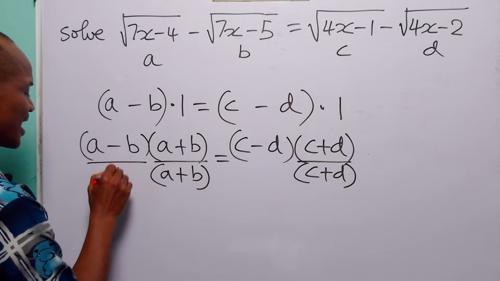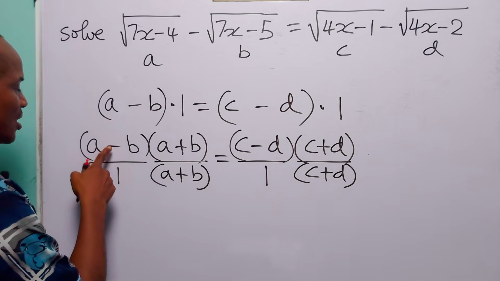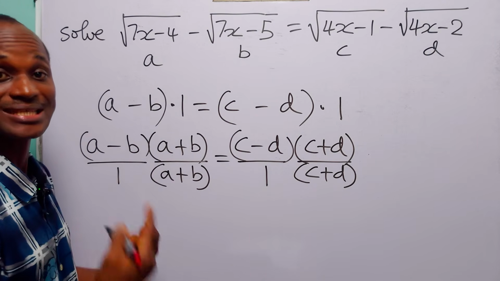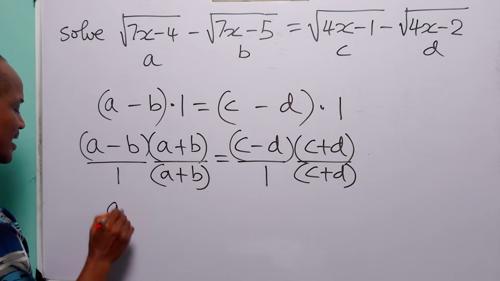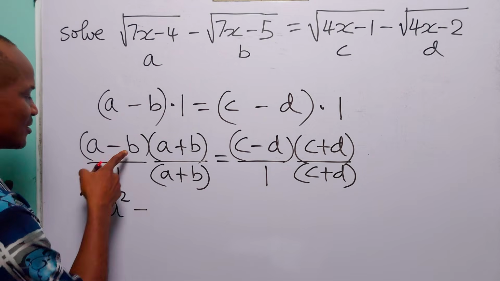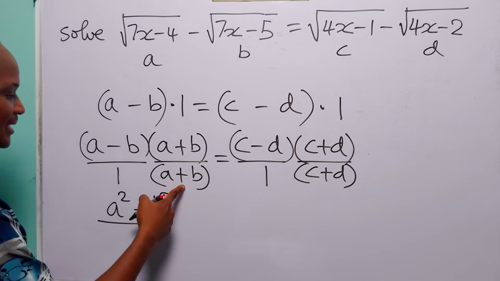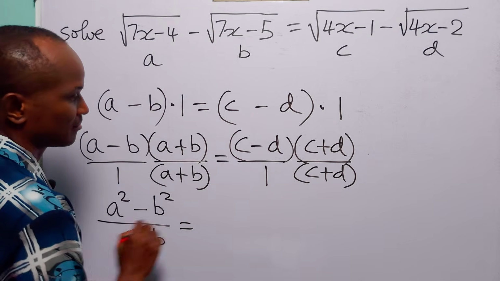Now, when we simplify the left-hand side, a minus b times a plus b is going to give us the difference of two squares. So we have a squared minus b squared. Of course, 1 times a plus b is going to give us a plus b.